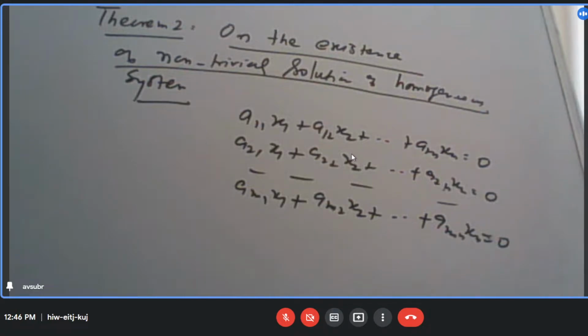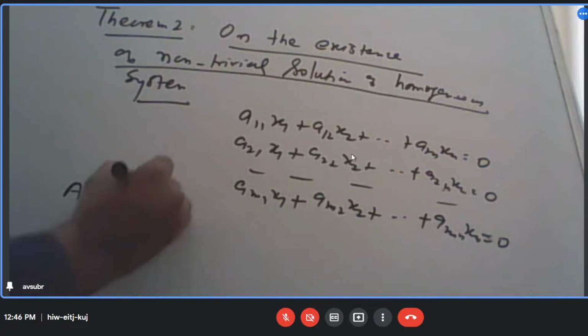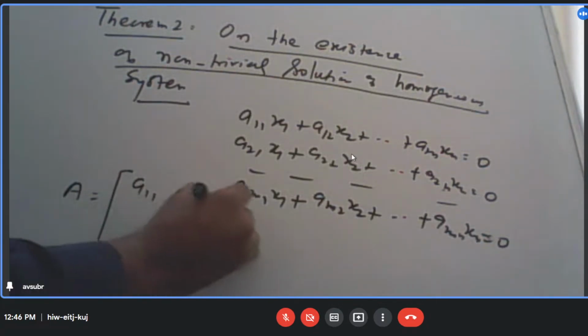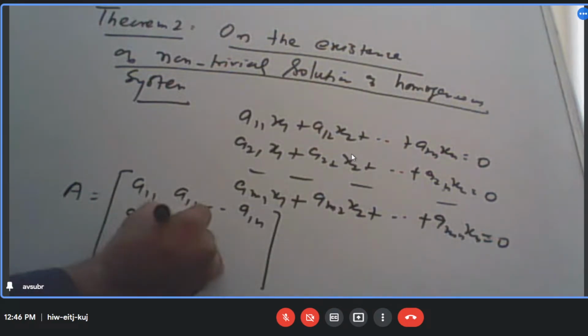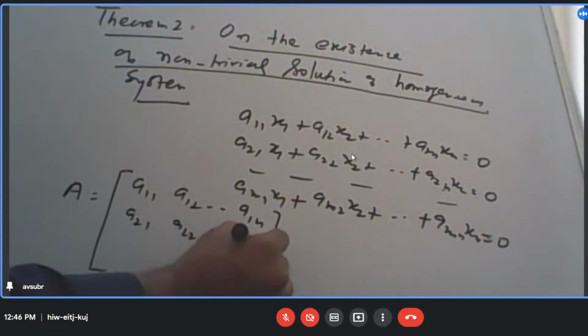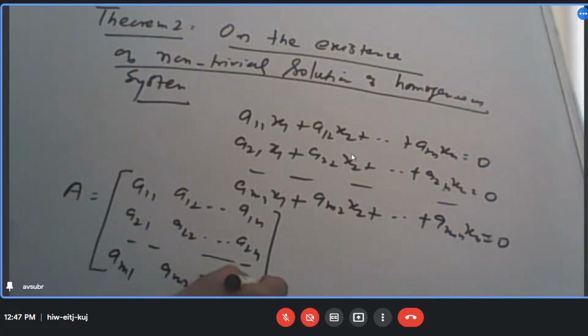So now, what will be the coefficient matrix in this case? a11, a12, a1n, a21, a22, a2n, and finally am1, am2, amn. Is it okay?